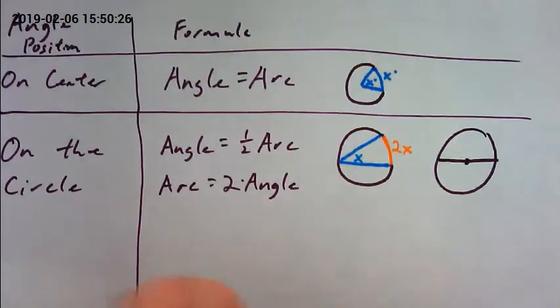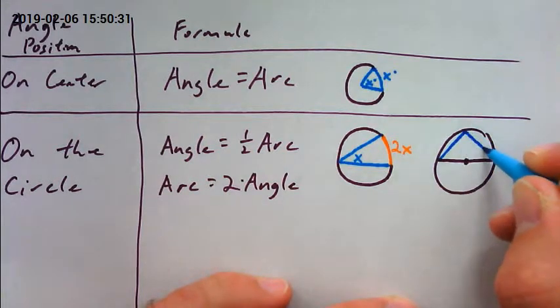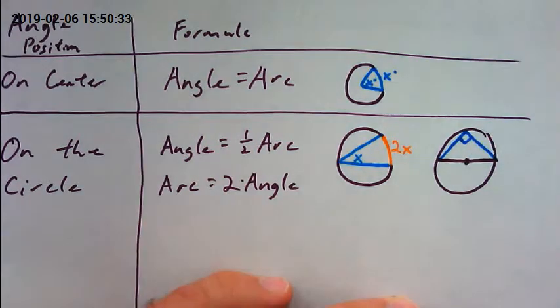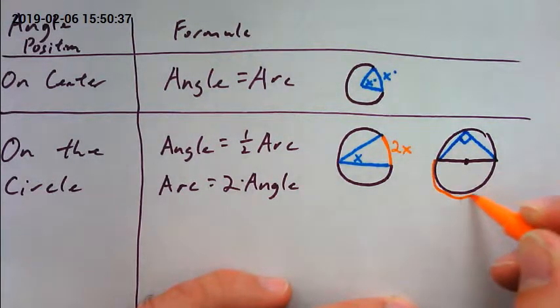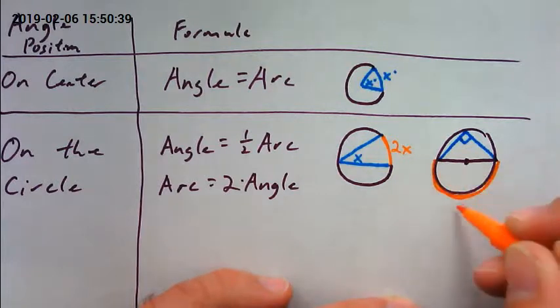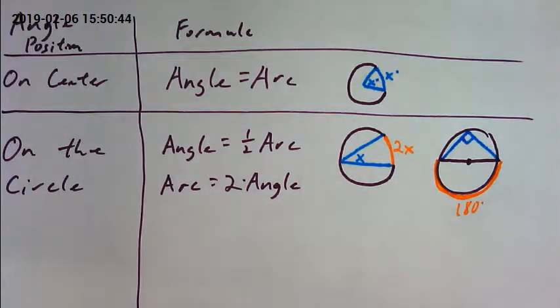If you were to draw an angle here, this is automatically going to be a right angle, because this arc, all the way around, is 180. Again, it's based off the same idea. If the angle is on the circle, it's half of the intercepted arc.